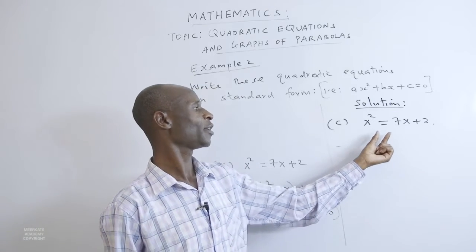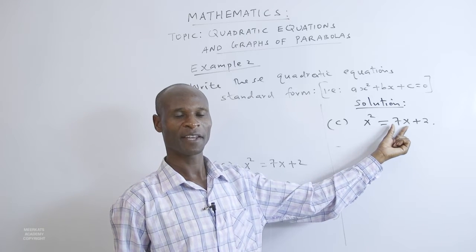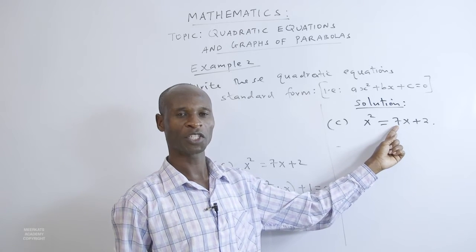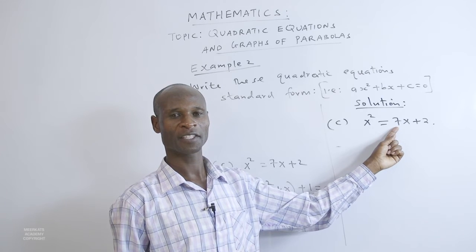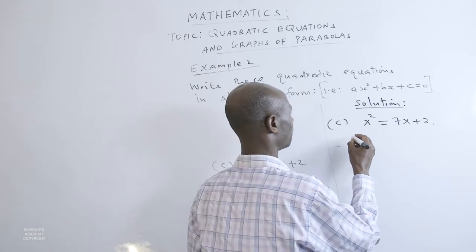So in that case, we start with the linear term, 7x. Because it is positive, we subtract 7x from both sides.